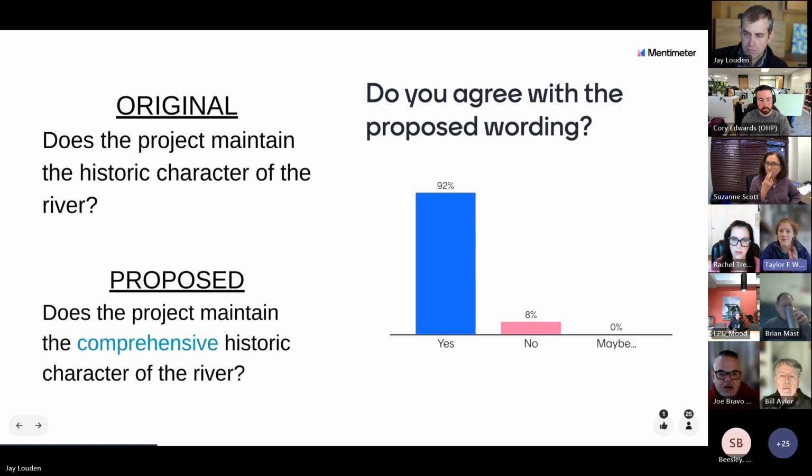I don't think this is intended as balancing the history and ecology so much as making sure that, in terms of historical preservation, there is a more comprehensive view of the entire history of the river and the different ways the community has interacted with it, rather than just one particular time period. And that's where the comprehensive came from. And I think that's, for neighborhood community people, more like what they were hoping for with this type of question.